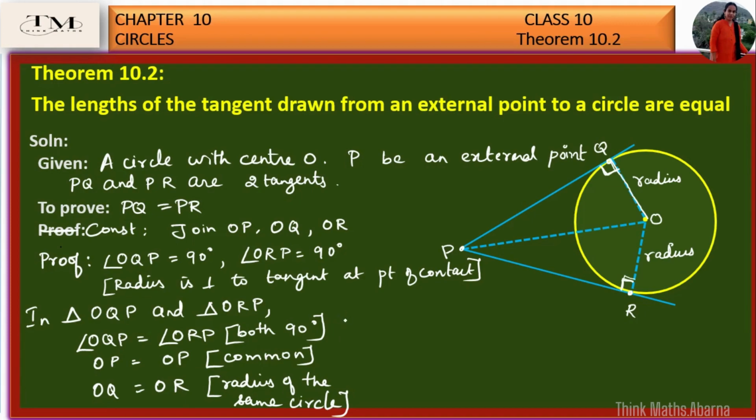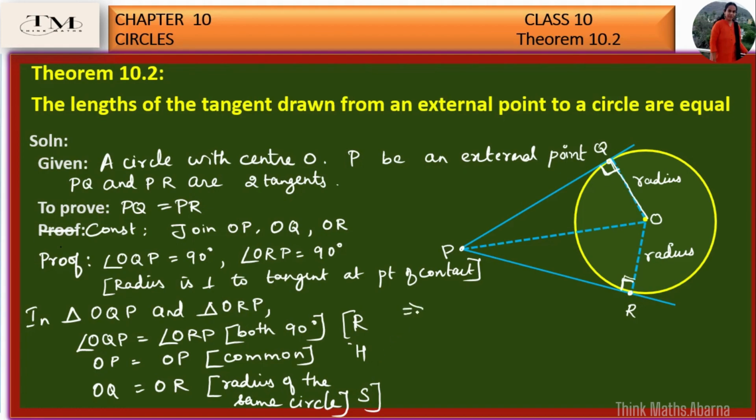In ninth standard we have studied right triangles: one right angle, the hypotenuse, and a side. That is RHS. So by the RHS criterion, these two triangles are congruent. This we have studied in ninth standard.